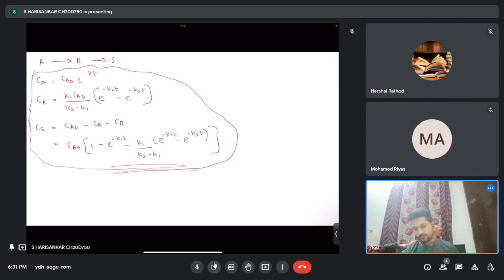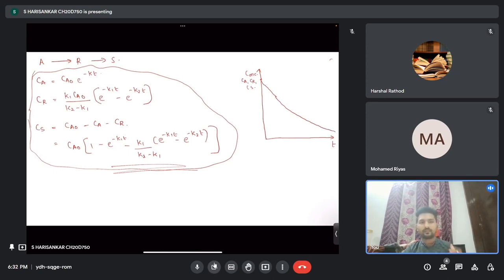Okay. Now let's take these three concentration terms and try to plot them with respect to time and concentration: CA, CR, and CS. Initially A is our only reactant, so A will be high initially, and it will start from here and go like this.